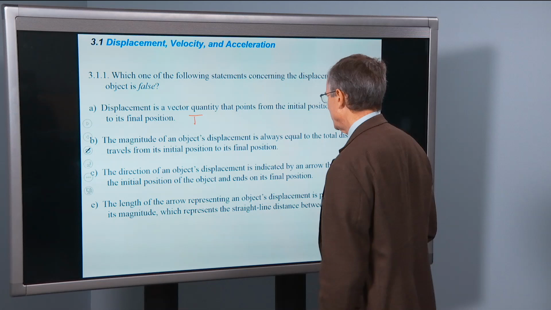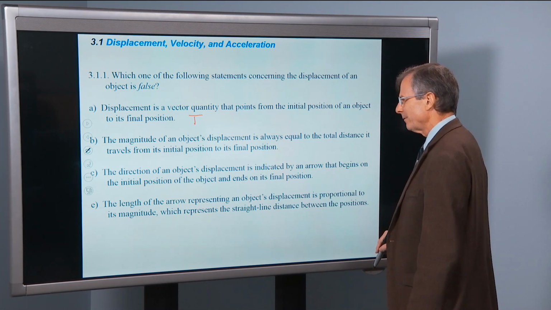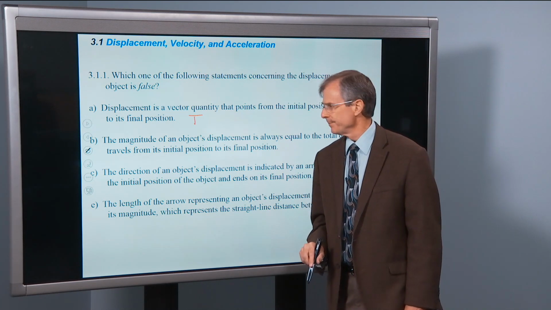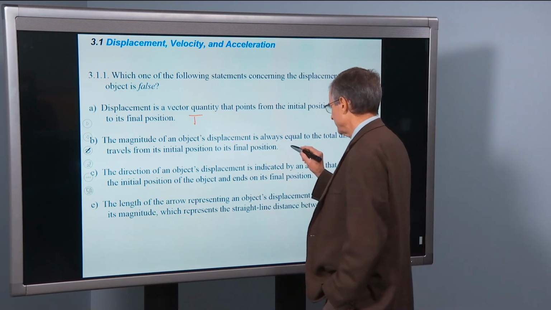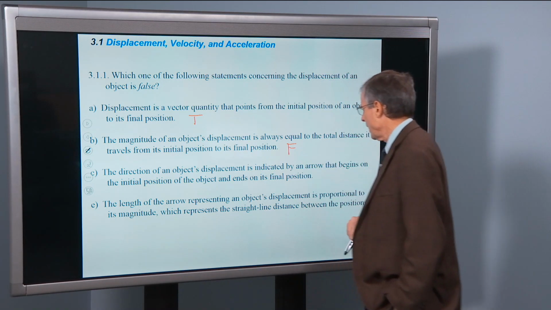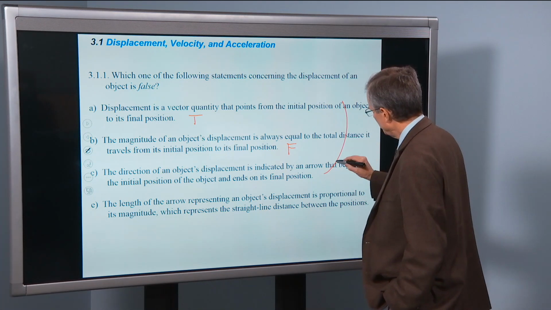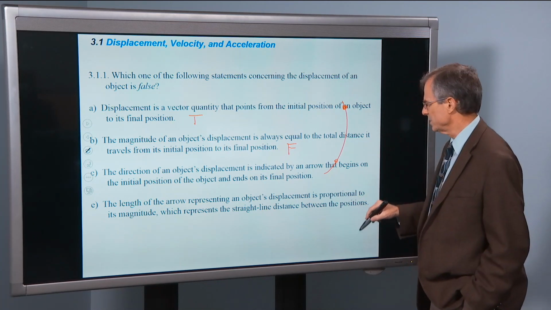The magnitude of an object's displacement is always equal to the total distance it travels from its initial position to its final position. True or false? That's false. Why? Because in the car example that we talked about, the initial position of the car was here, and the final position of the car was there.